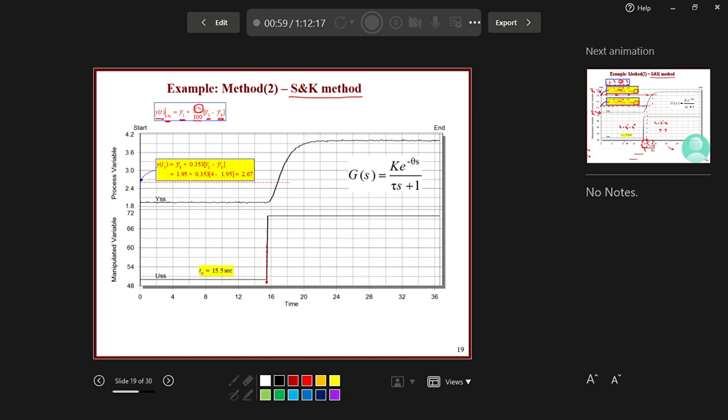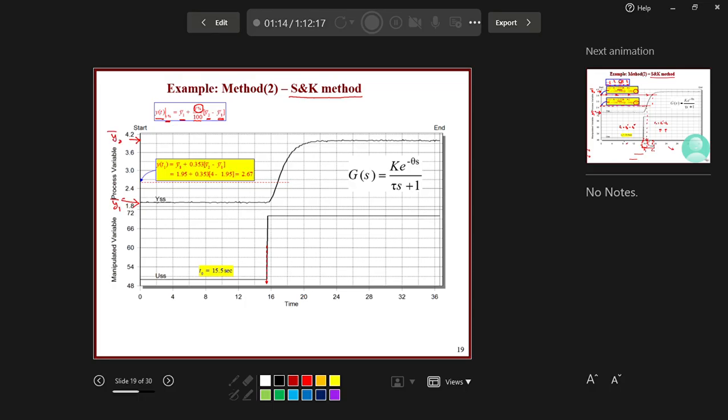Now the first steady state is this, the second steady state is this. So these are the Y1 bar and Y2 bar.